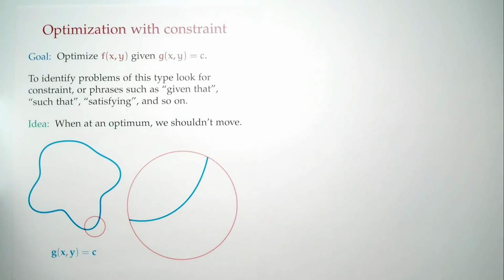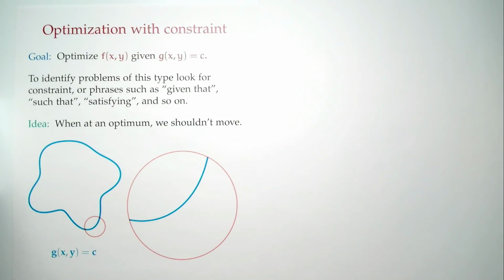So now I'm saying, look, I want to optimize, but I'm optimizing over a very particular set. A picture you should have in mind is that g of x, y equals c is a curve in the plane. So g of x, y equals c says, on this curve, what's the largest that the value of the function f can be?